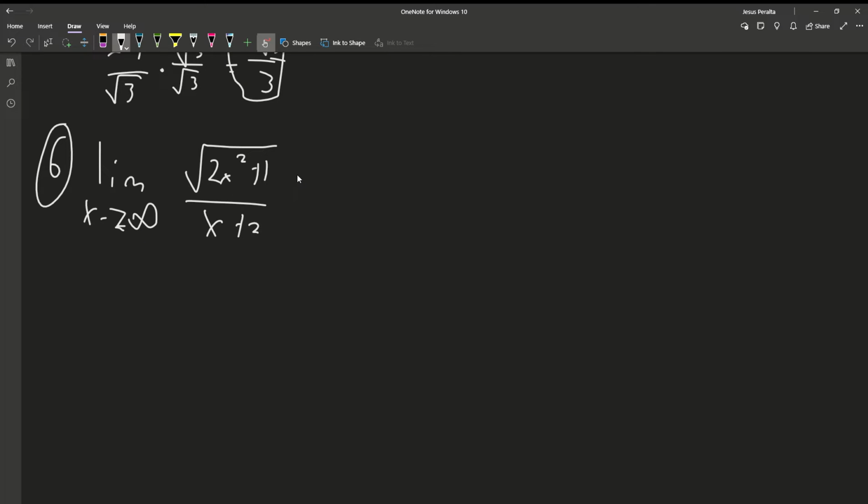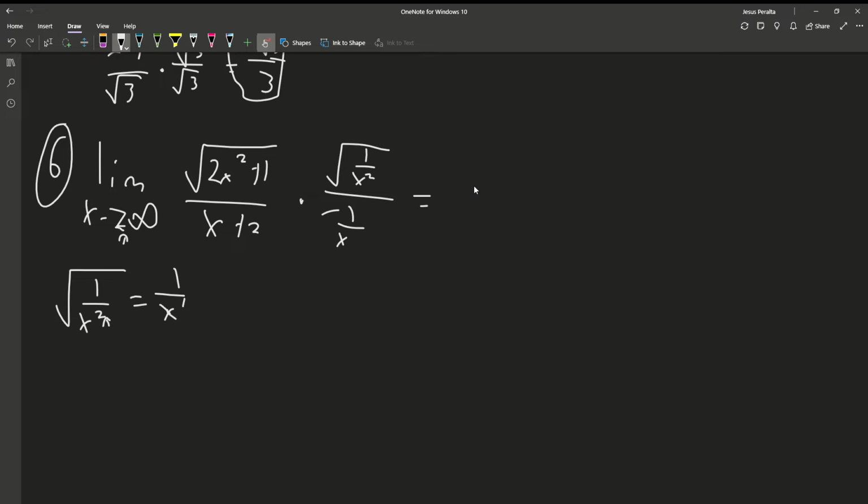So we are going to write a big square root of 1 over x squared, which is also equal to 1 over x, and it moves from an even to an odd power, so we multiply by the square root on top, and then we multiply by 1 over x. So this is going to be negative, as you remember, because we have a negative right there, and this goes from an even to an odd.